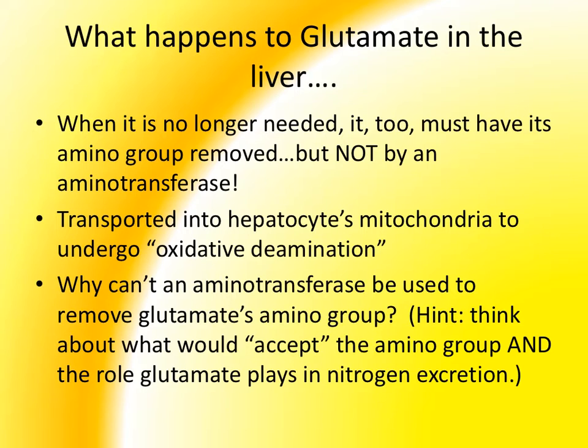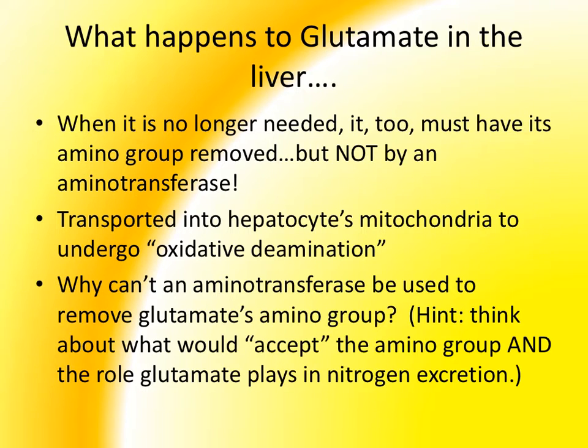All right. So now we did that. What happens to glutamate? Because this is the problem. Remember, the overall goal of this is we're trying to get all the energy we possibly can from our amino acids. The way you have to get rid of nitrogen, we can use these aminotransferases to start the ball rolling to get rid of nitrogen for all of the backbone, for all of the amino acids except for glutamate.